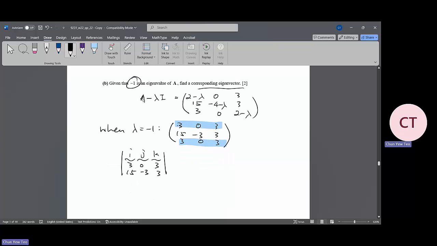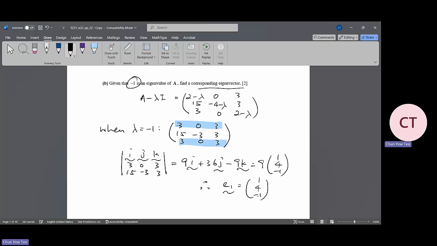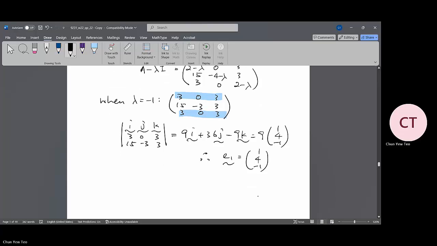You can only choose the first and the second, or the second and the third, to find the eigenvector. So this one, just do the cross product. You will get 9i plus 36j minus 9k. Factorize the 9 out, you get 1, 4, -1. So therefore your eigenvector is 1, 4, negative 1. Okay, that is your eigenvector. Okay, done.